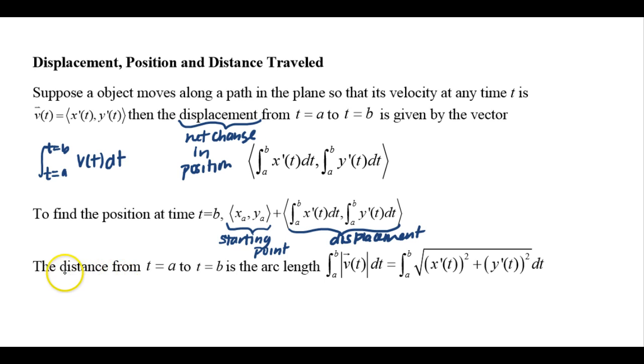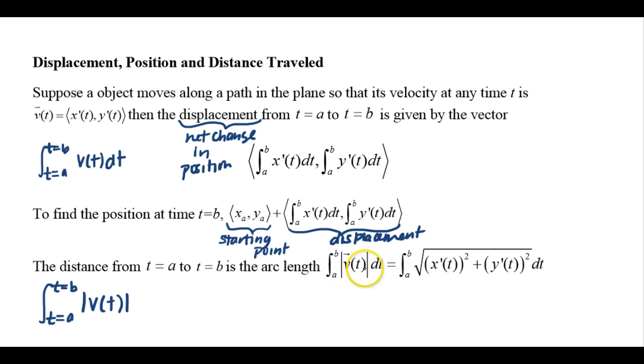And so finally, to find distance from a to b, that's going to turn out to be arc length. And the reason is because, let's think back to our distance integral when I just had a velocity function. So distance was the integral from a to b of the absolute value of velocity. Well, we're talking about a velocity vector, so absolute value turns into the square root of x prime of t squared plus y prime of t squared, because remember, now that's the norm.